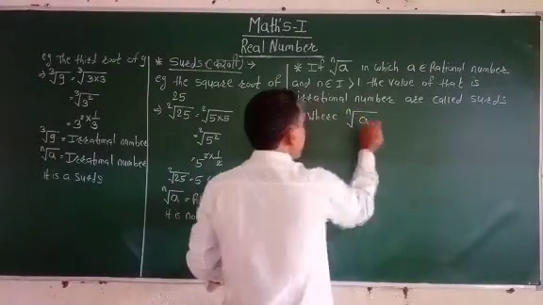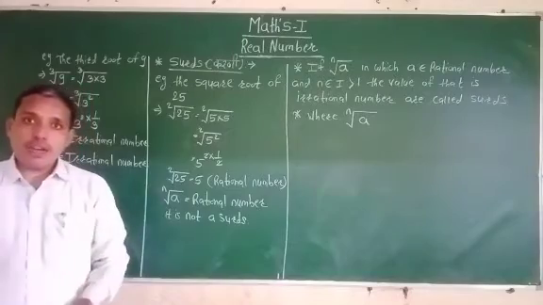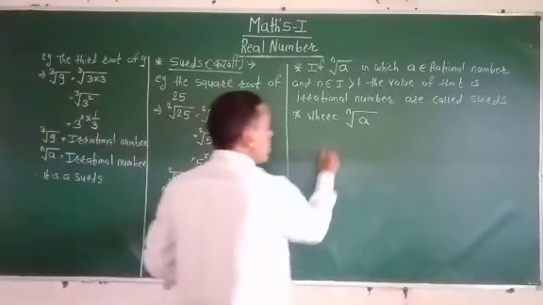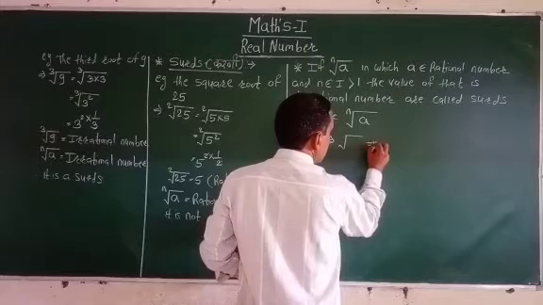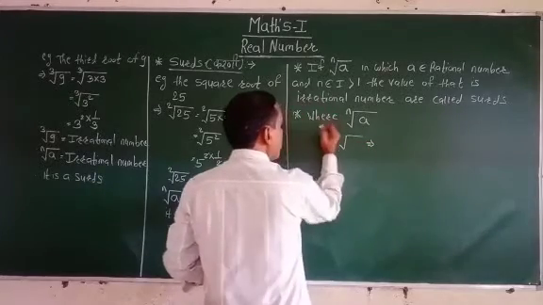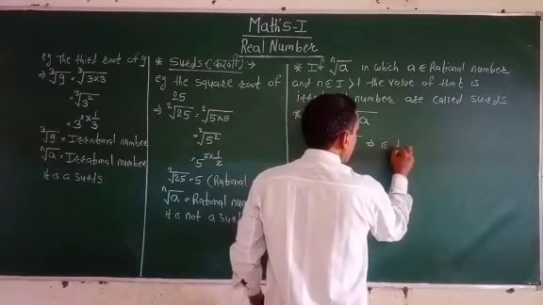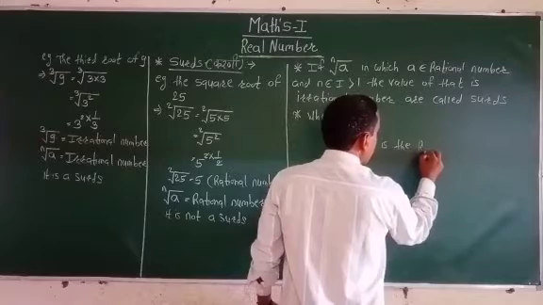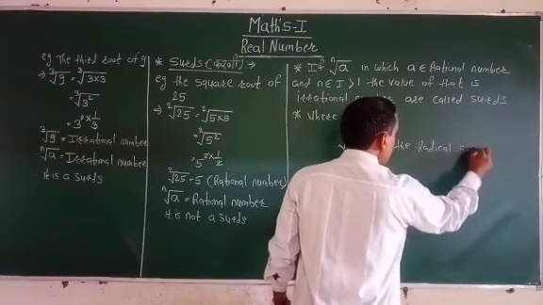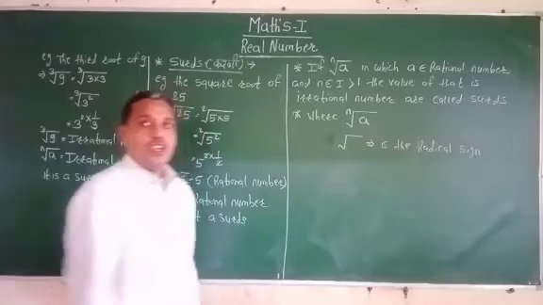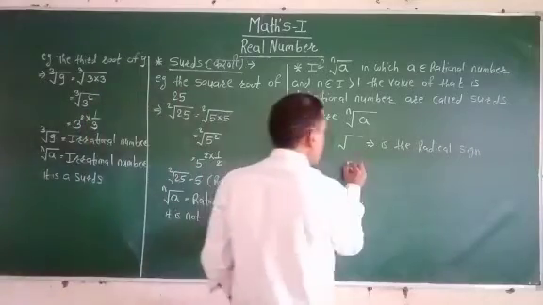So in that surds we can indicate it in mathematical form. In that mathematical form we have symbols. This symbol is called the radical sign.